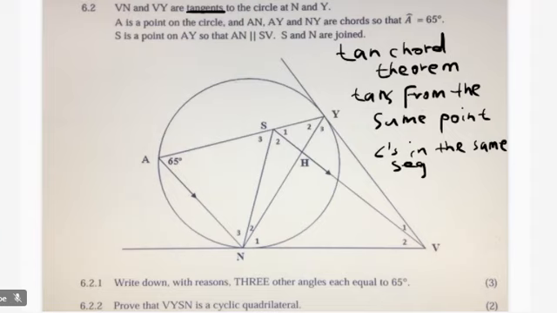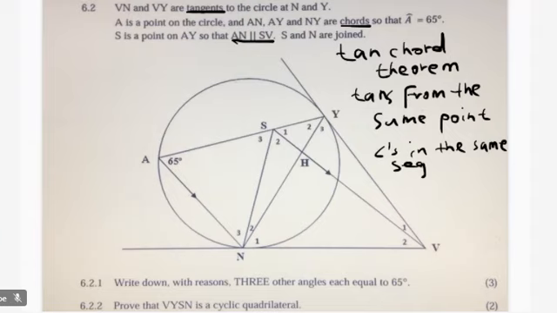Another thing, they say S is a point on AY, so that AN is parallel to SV. So it reminds us of what? This reminds us of grade 9 geometry.